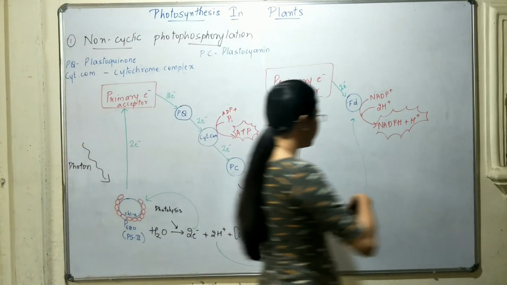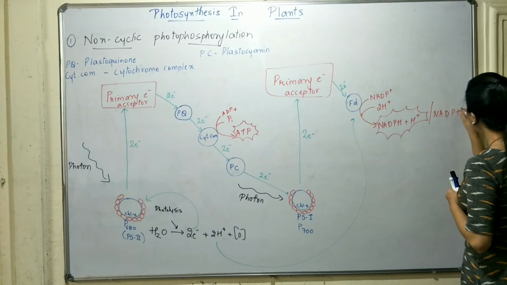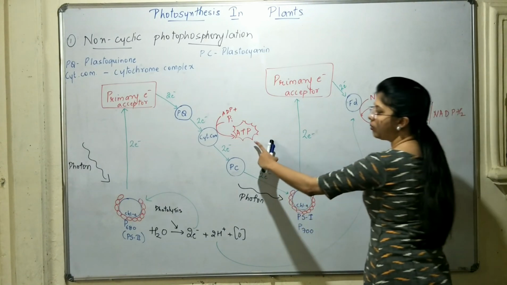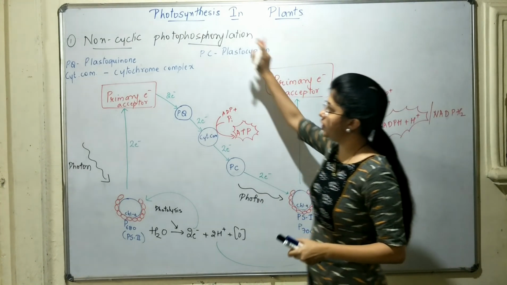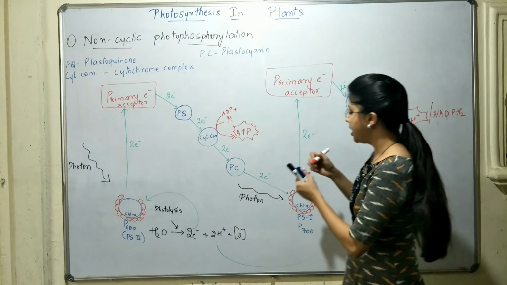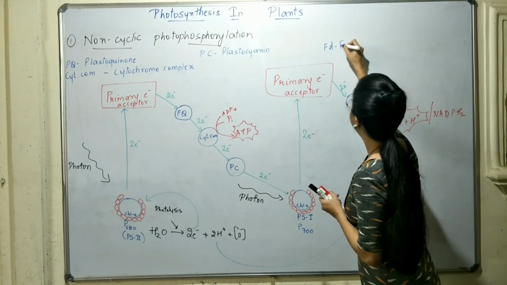It can also be written as NADPH2. So both forms of stored energy are now formed as a result of the photophosphorylation reaction. Let me write here, FD is ferredoxin.